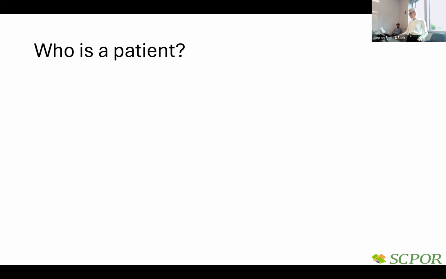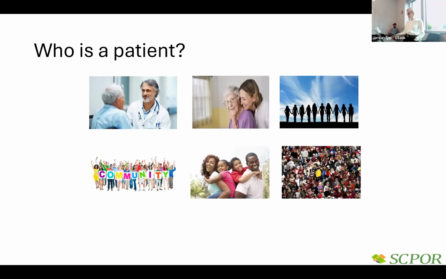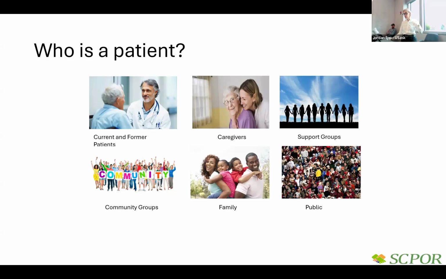So when we look at patients, they can be current and former patients. So yes, people who've had a healthcare experience, and most all of us could be patients because we all have had a healthcare experience, I would assume. It could be caregivers.